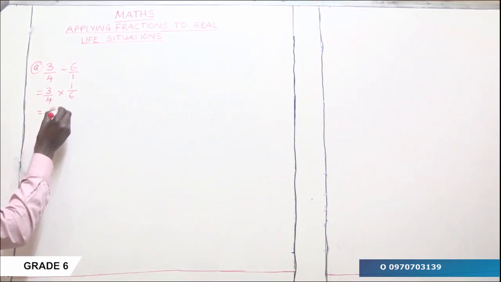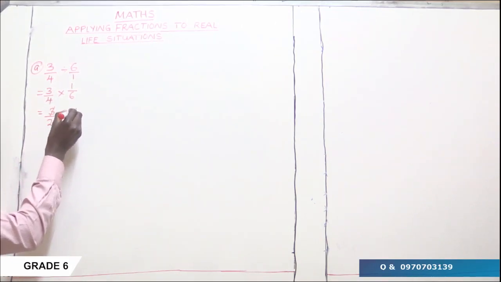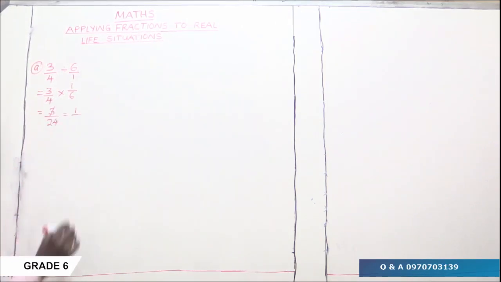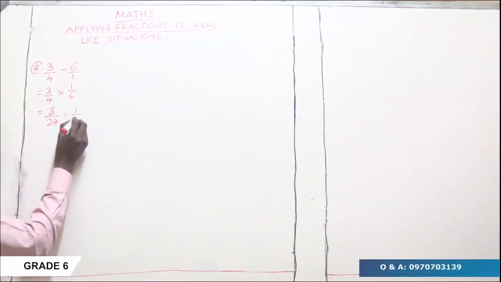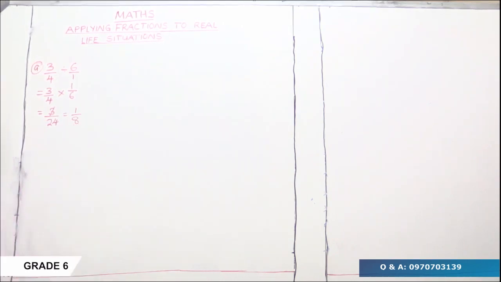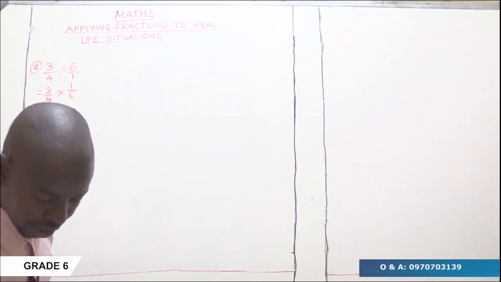So 3 into 3, the answer is 1, and 3 into 24, the answer is 8. So our answer will be 1/8.